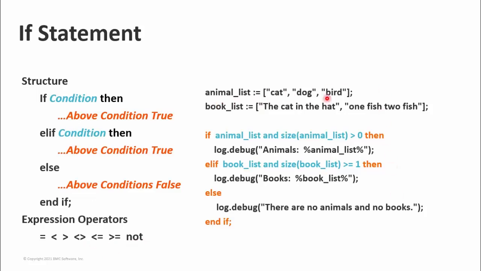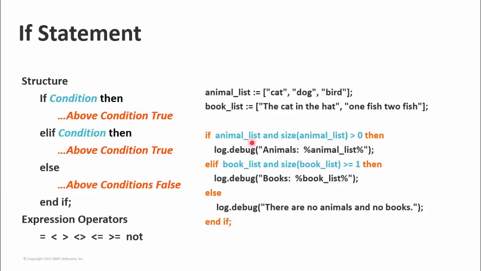On the right side is an example of using the if. First, I've defined two lists, the animal list and the book list. The animal list is cat, dog, bird, and the book list is the cat in the hat and one fish, two fish. So then here I'm using my if statement. If animal list and size animal list is greater than 0.